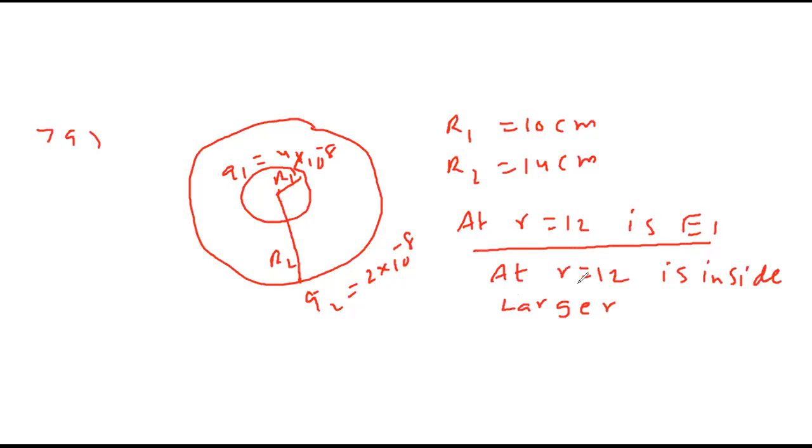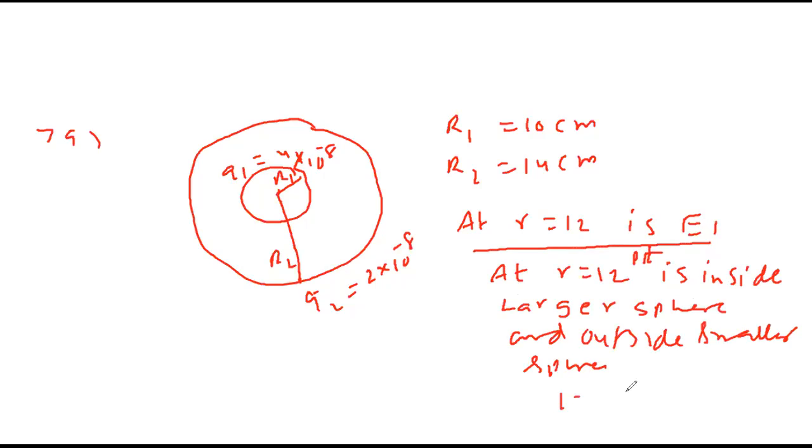So I can say at r equals 12, the point is inside the larger sphere and outside the smaller sphere. Yes, because 12 lies between 10 and 14. So the point is somewhere here, correct? Yes, sir.